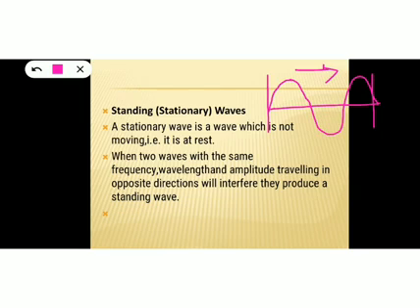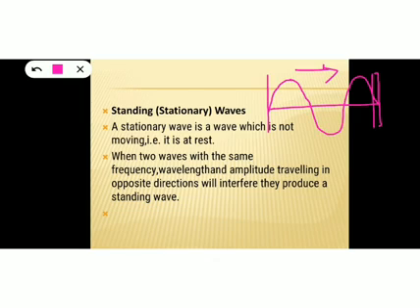And as soon as this wave strikes this rigid boundary, what happens? It gets reflected back, because we had just studied that whenever a wave strikes any boundary, it will be reflected back. What will be the nature of the reflected wave? Is it in the same phase as the incident wave, or will it be out of phase? Listen here, it is a rigid boundary. And we had studied just now, whenever a wave strikes a rigid boundary, the reflected wave will be out of phase.